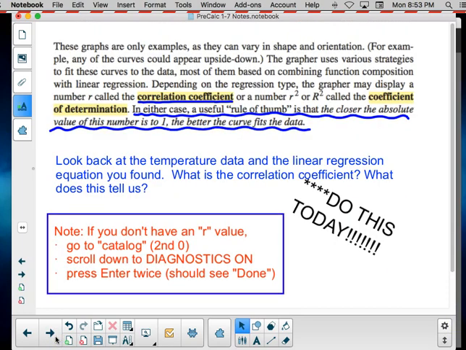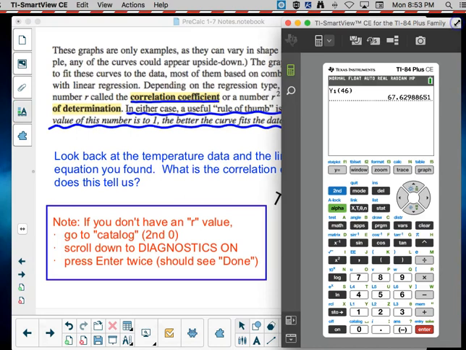One of the things I want to bring up is a correlation stat. We don't have this in yet, so we need to do this today on your calculator. You're going to go to catalog. That is second 0, and you're going to arrow down to diagnostic on.